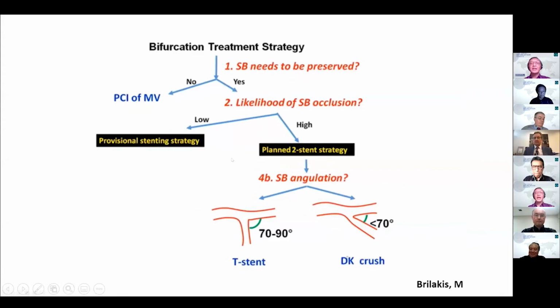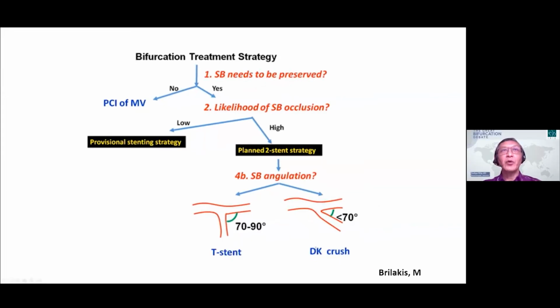And in this case, I think, because Dr. Munawar has already prepared the lesion with the scoring balloon 2.5 at both branches, and both vessels are very big, the likelihood of side branch occlusion is quite low, even though we still have to be very careful. But if we consider it high, we plan a two-stent strategy, considering the side branch angulation.